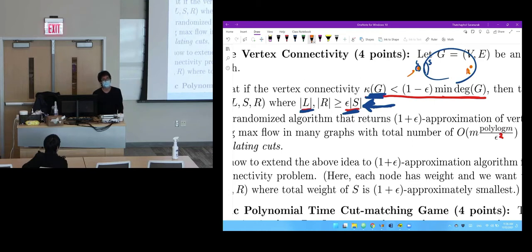L is larger than epsilon S, but S can be small too. Let's say S is 10, L is 1. What we do instead is, if all of them are small, we sample a bunch of nodes, but only one in L and nothing in S, and we call isolating cut.